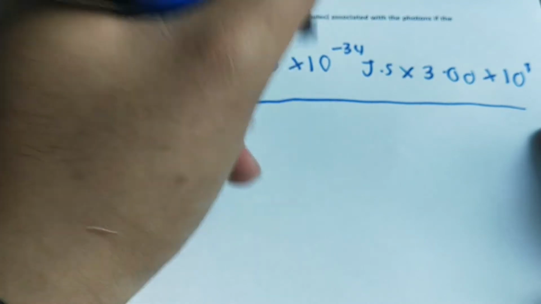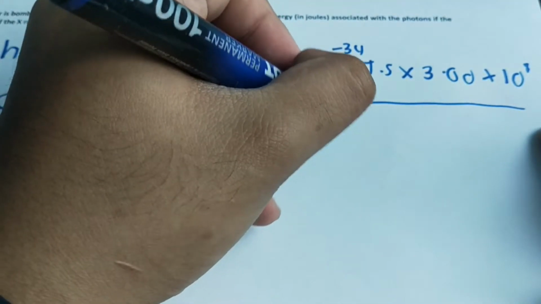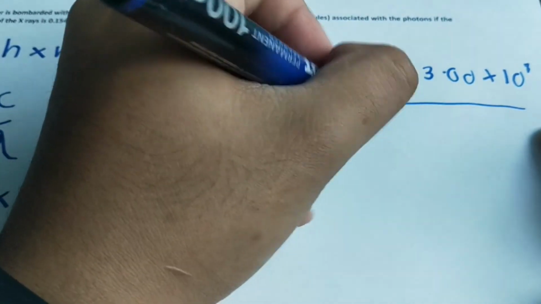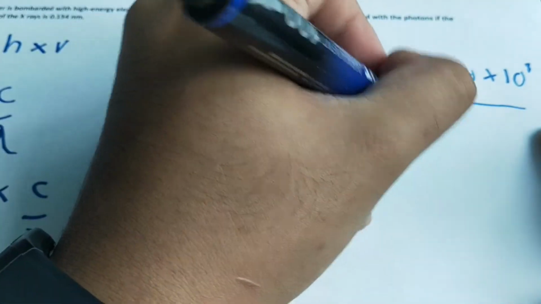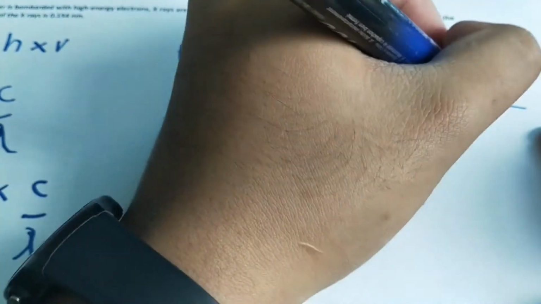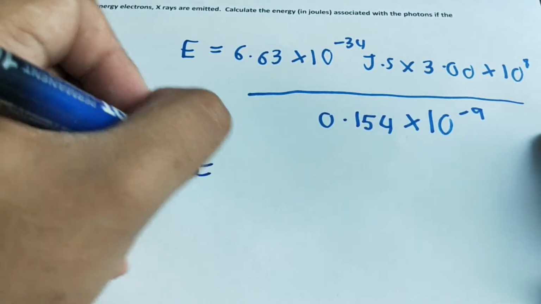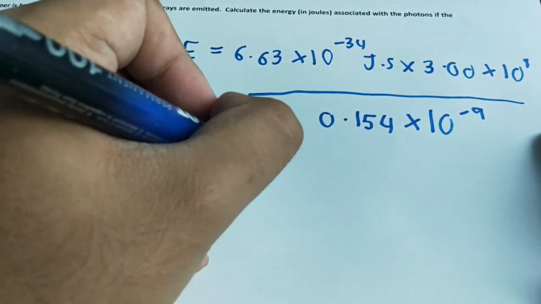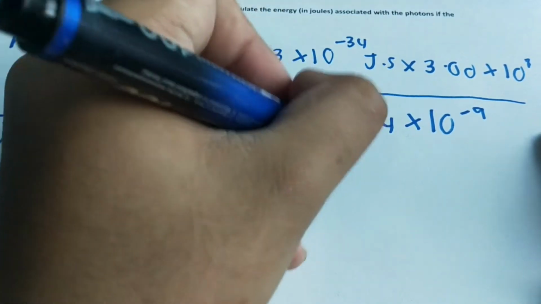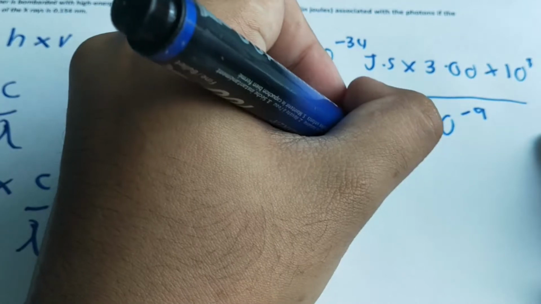The wavelength we change to meter, and we get 0.154 times 10 to the power of negative 9. We calculate this and we get 1.29 times 10 to the power of negative 15 joule.